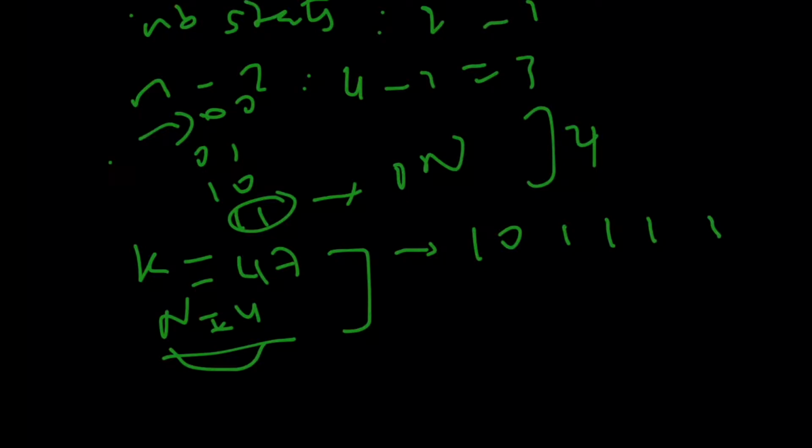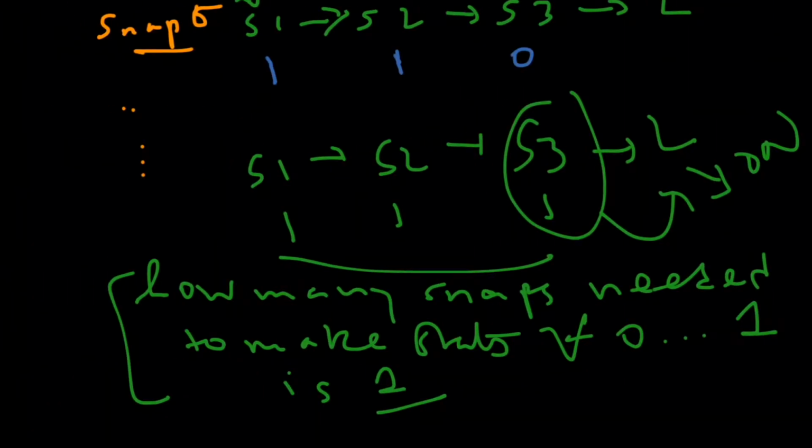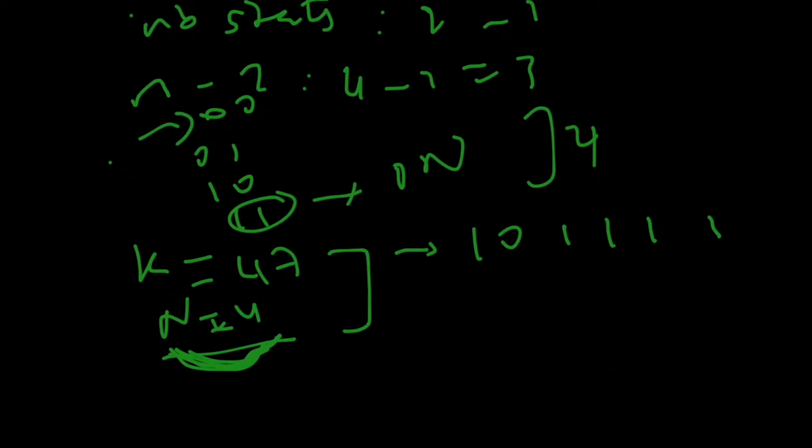So the key idea is we want each snapper to have state on. For n equal to 4, we want 4 snappers to be on; for n equal to 3, we want 3 snappers to be on, which means we want these 4 bits to be on.